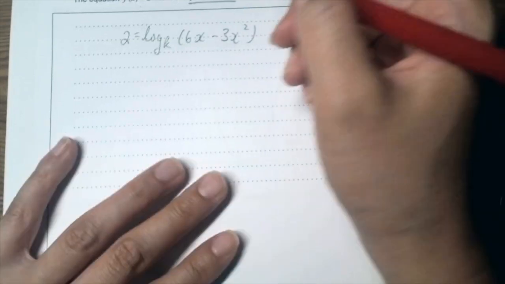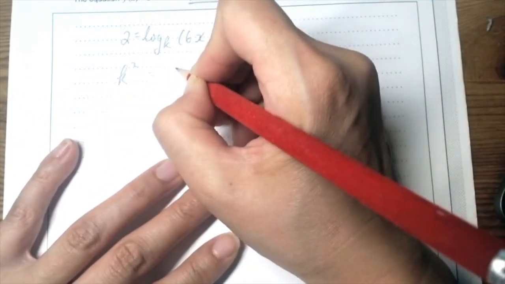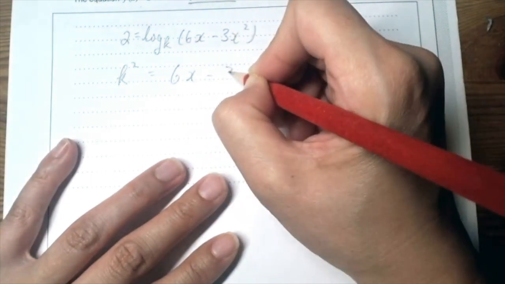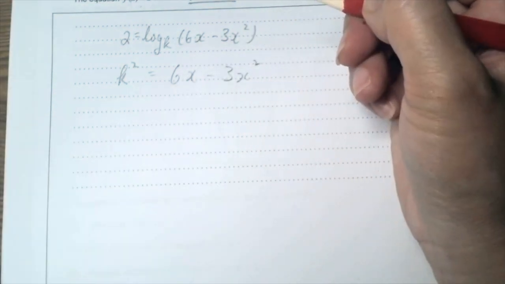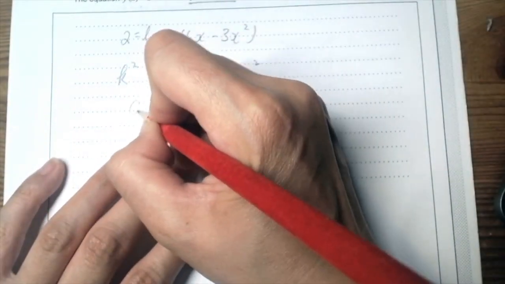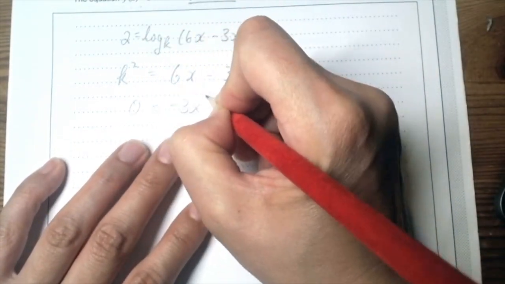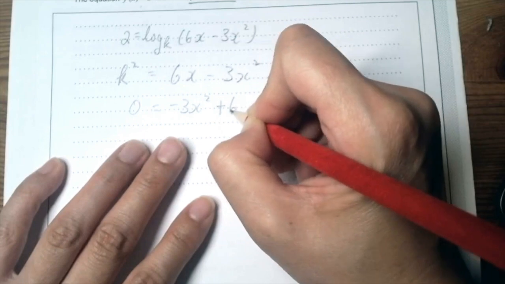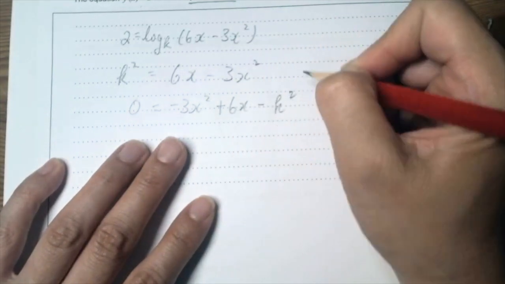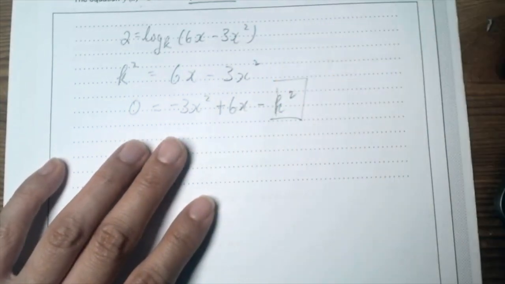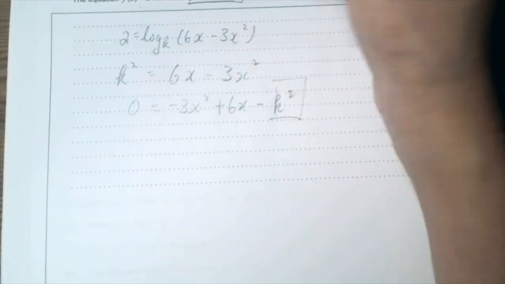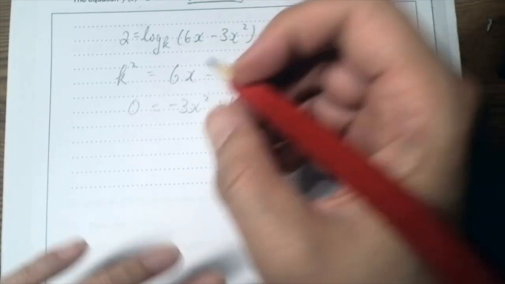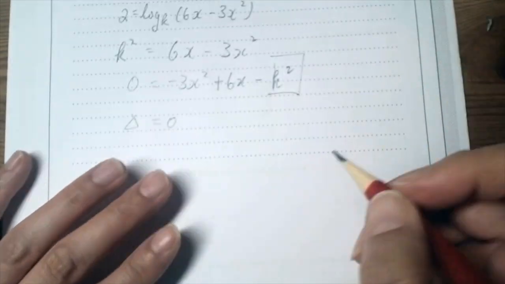So rearranging it, we will have x squared equals k(6x minus 3x squared). So we throw that to the other side. 0 equals negative 3x squared plus 6x minus k squared. Remember, k is a value here, k is bigger than 0, so I could just count it as a constant. With exactly one solution, which means the discriminant equals 0.